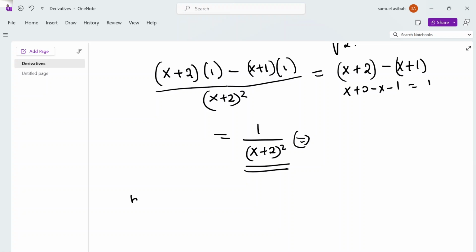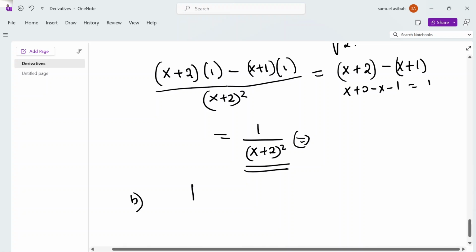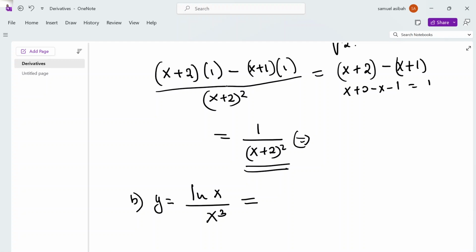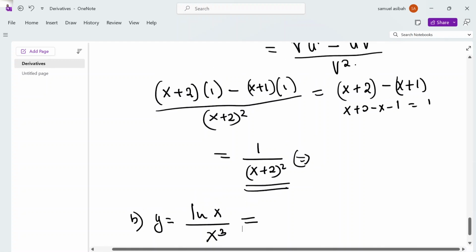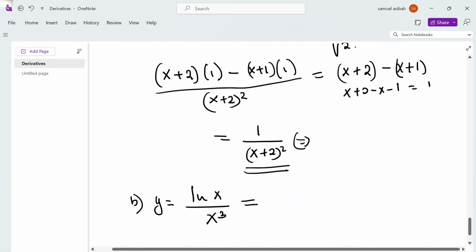A second example here, we can just say natural log of x. If y is equal to natural log of x over x cubed, remember your formula, this formula here is very key.